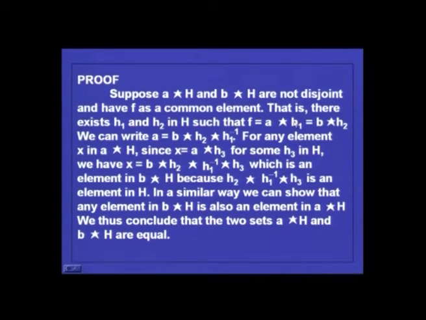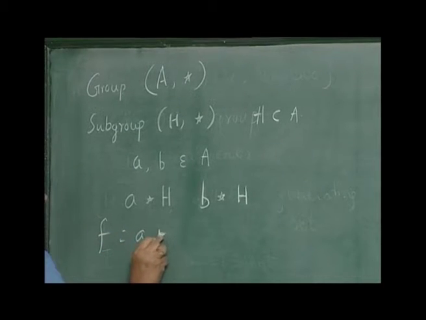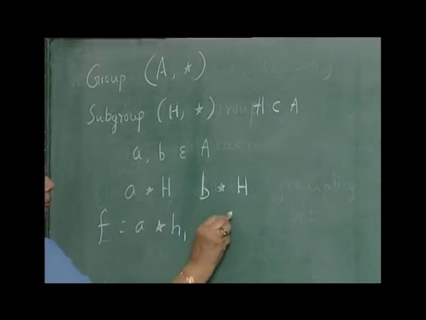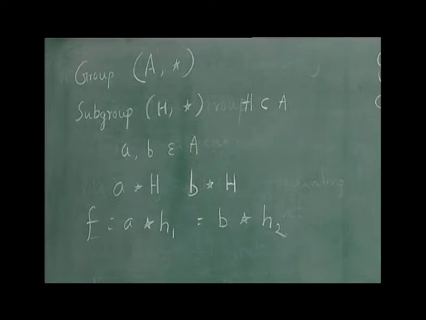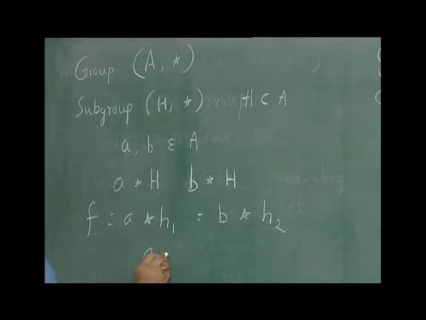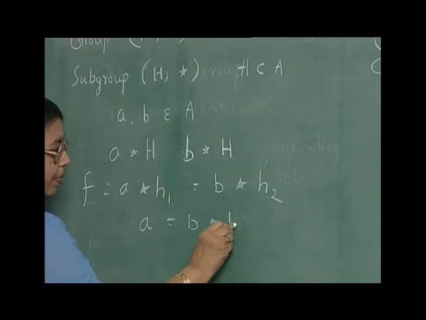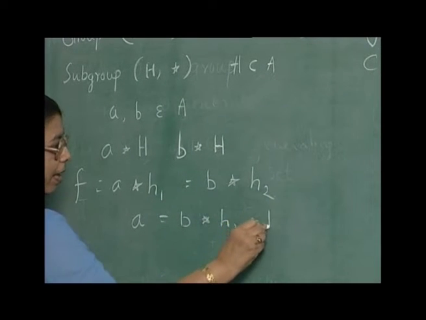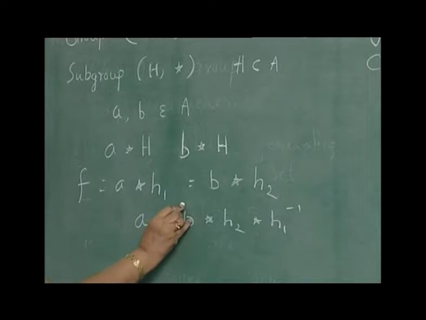So, you have f equal to a star h1 and that is equal to b star h2. So, what can you say about a? a is equal to b star h2 star h1 inverse, because of the group property. a is this.